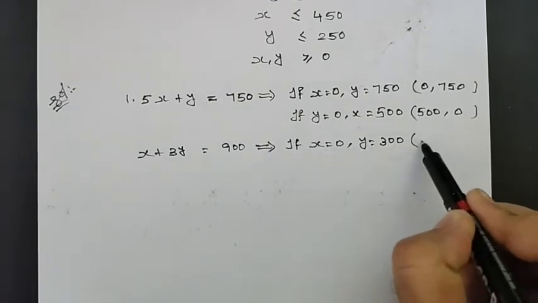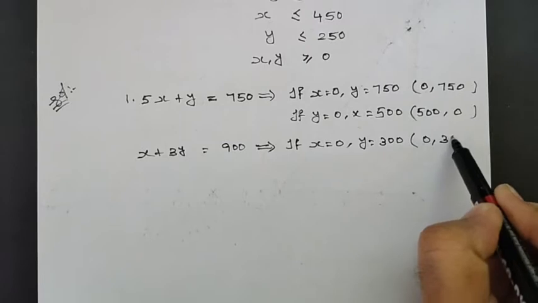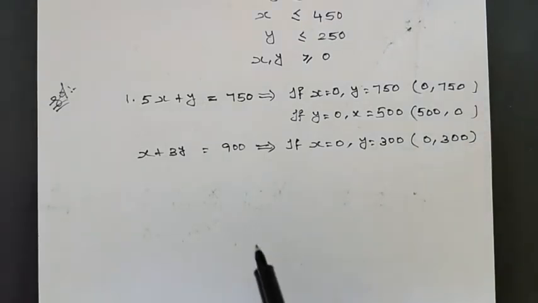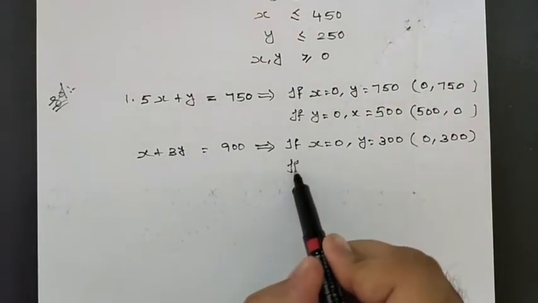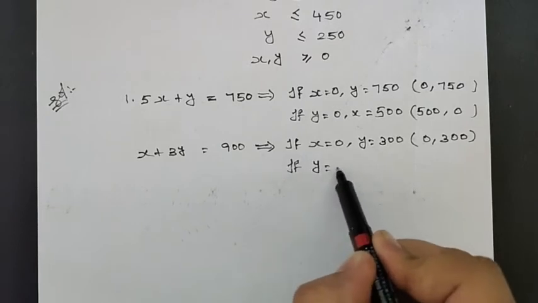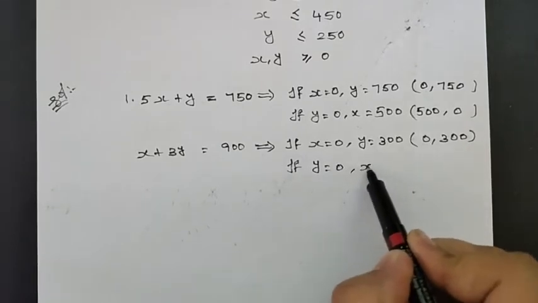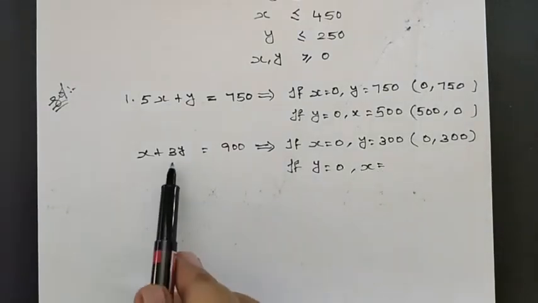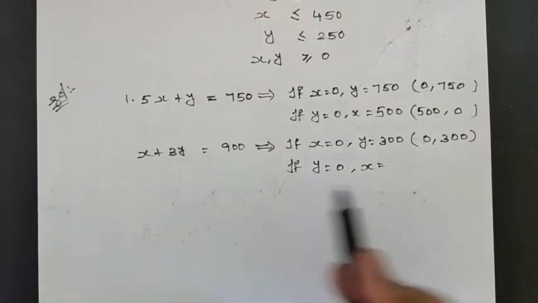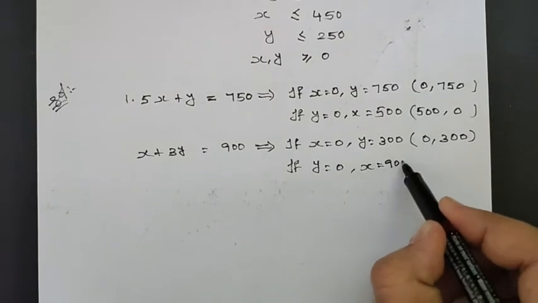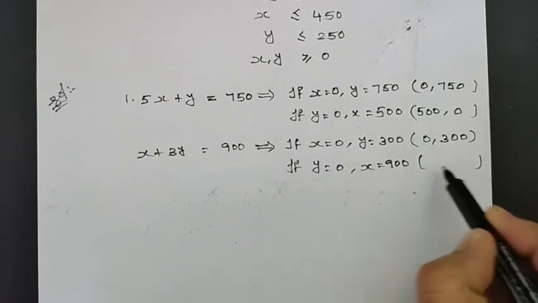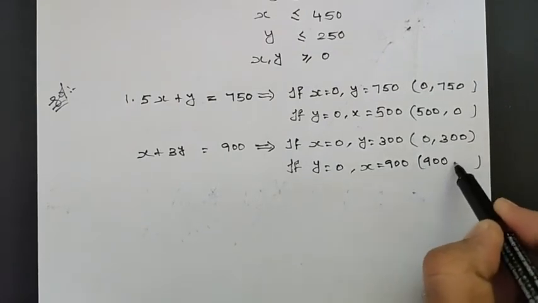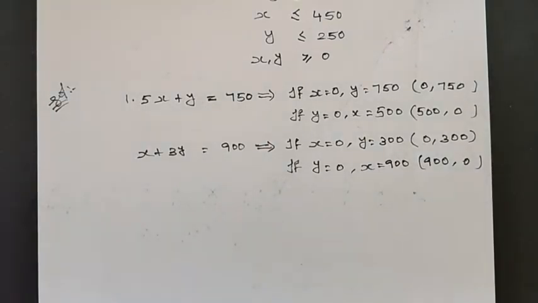So the vertex is 0 comma 300. Second, if y is equal to 0, then x is equal to 900. So the vertex is x value 900 and y value 0. The second constraint is also over.